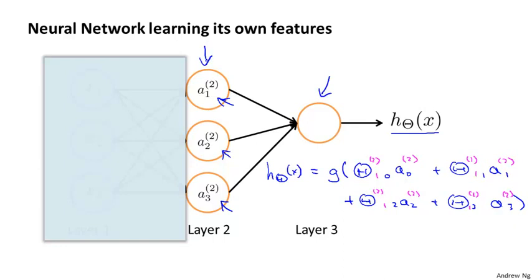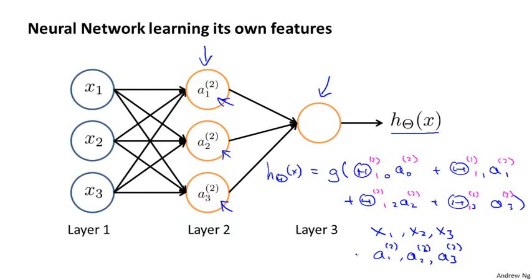Just to say that again, what this neural network is doing is just like logistic regression, except that rather than using the original features x1, x2, x3, it is using these new features a1, a2, a3. Again, I could put the superscripts there to be consistent with the notation. And the cool thing about this is that the features a1, a2, a3 themselves are learned as functions of the input.